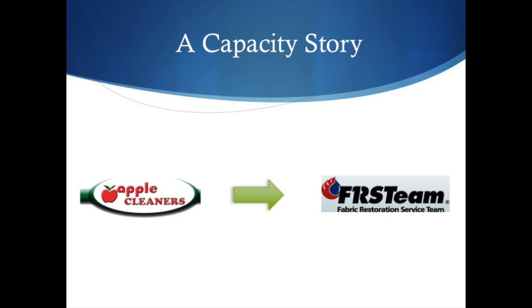The owner realized that he was underutilizing this second plant, so he is now hoping he can increase that by adding in the restoration side of things and can greatly increase the size. So that's just a quick, real world example of how capacity affects business. It was interesting that it just happened in the last month.